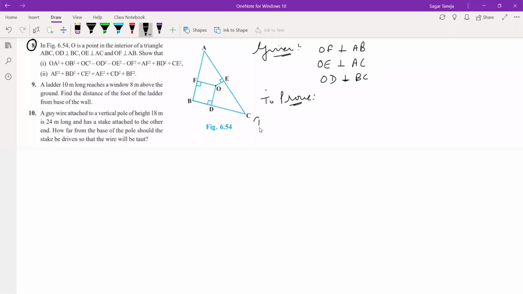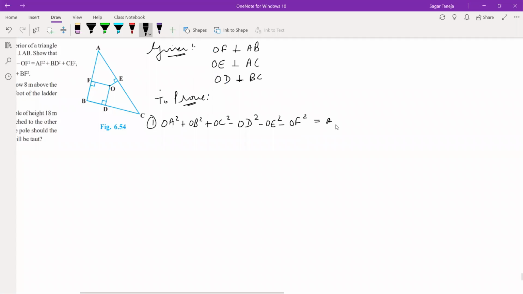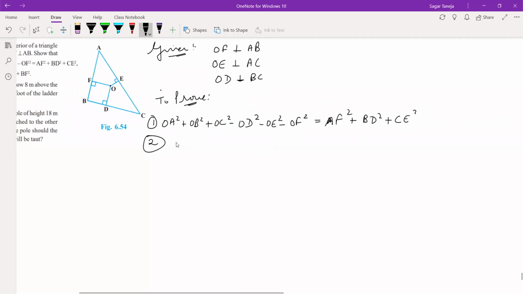To prove: first point is OA square plus OB square plus OC square minus OD square minus OE square minus OF square is equal to AF square plus BD square plus CE square.